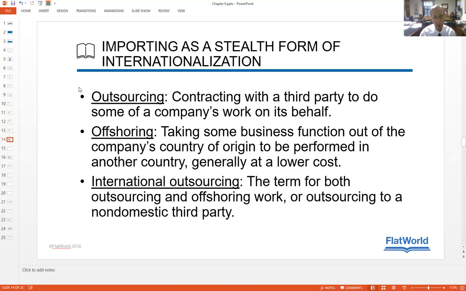You and I have both picked up the telephone and asked for information about perhaps our travel or our computer or what have you. And lo and behold, we end up talking with someone in India or another country where the company that we bought our PC from or whatever the product might have been has decided that providing customer service doesn't add enough value, but still needs to be done.